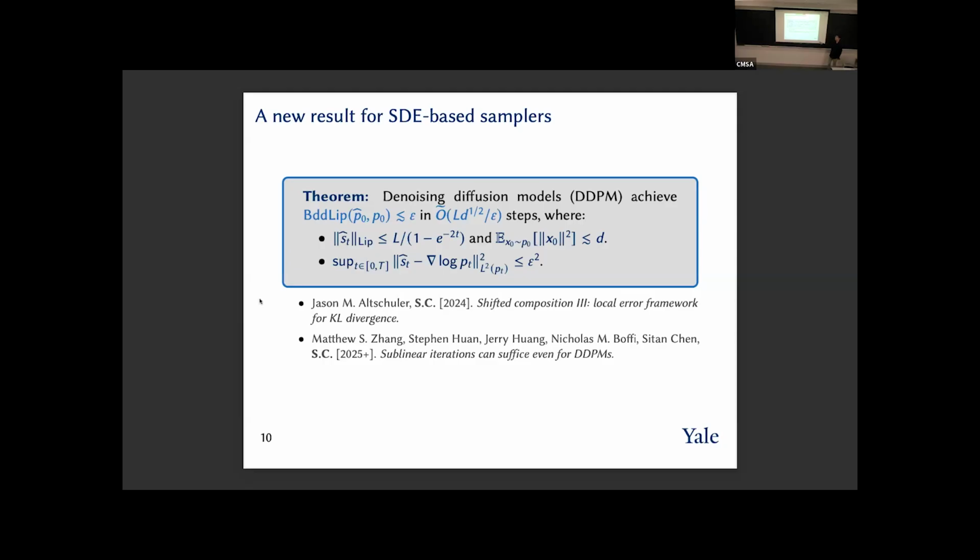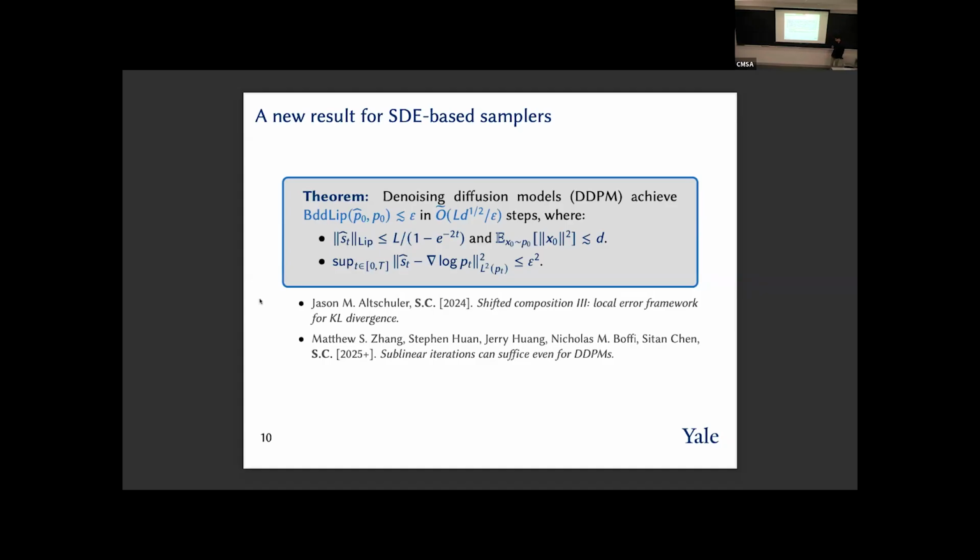Again we have a Lipschitz assumption on the score function, but this Lipschitz bound is allowed to blow up at time 0, so it's not as restrictive. But anyway, hopefully these assumptions could also be refined in the future. This is a paper that's not quite out yet, but the proof technique is based on joint work I've been doing with Jason Altschuler. This analysis framework called shifted composition was really necessary for this.